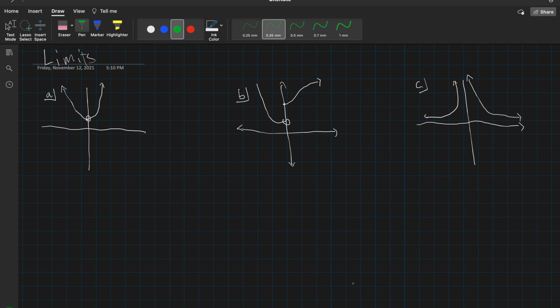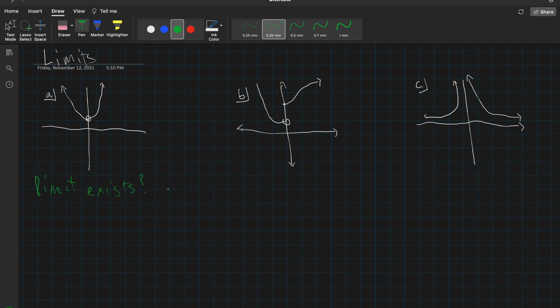So today we're going to continue on talking about limits. Remember from last time, when we're talking about limits, we first need to determine whether or not the limit actually exists. And the way we can tell if the limit exists, so I guess limit exists, question mark.